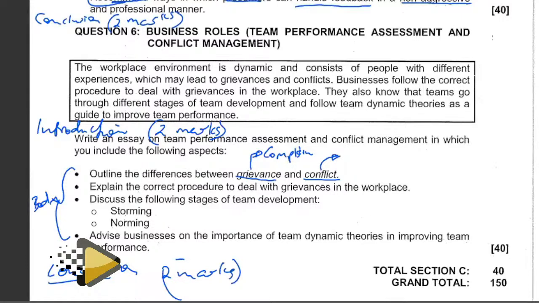But with a conflict we have a clash. It can be a clash of ideas and a clash of other aspects, but in line with whatever roles you have been given to execute. Okay, right. So now let's check how we can give the difference between a grievance and a conflict.